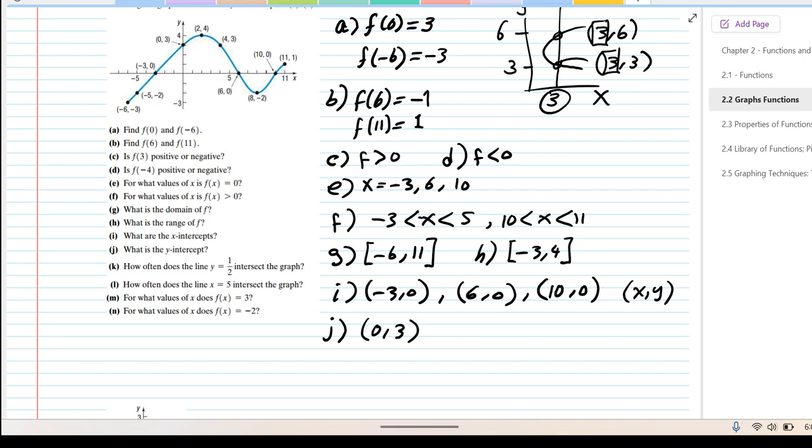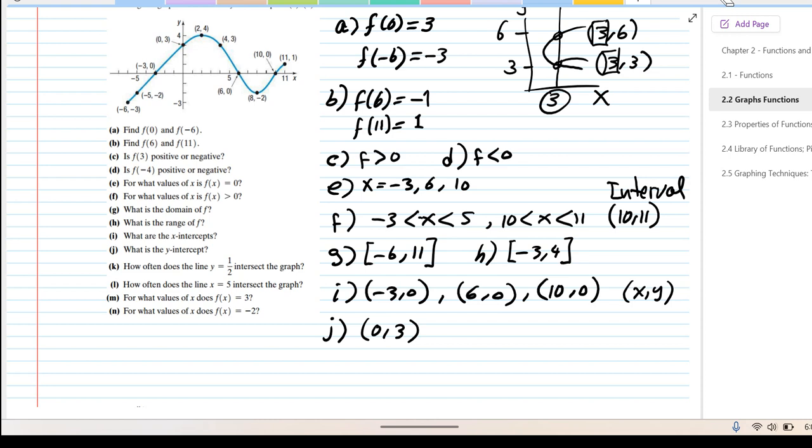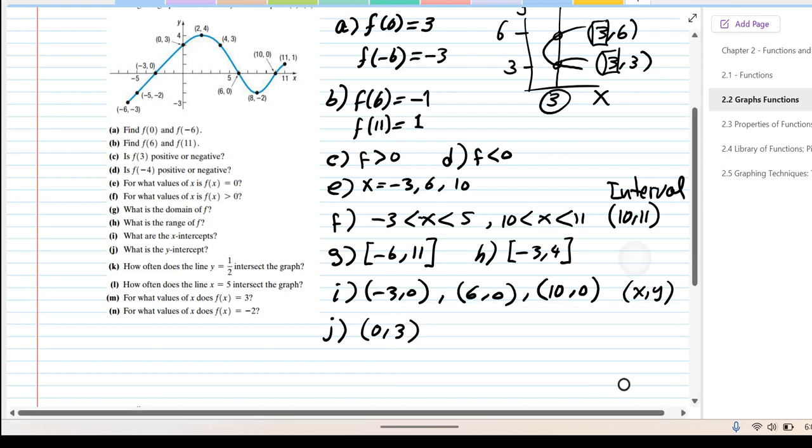It's confusing because, for example, in part F, I can write x between 10 and 11 like this. Here I mean it as an interval, with the parentheses. We're talking about intervals, whereas here we're talking about points on the Cartesian coordinate system. So it could get a little confusing. Hopefully you can sort this out. All right, we did part J.